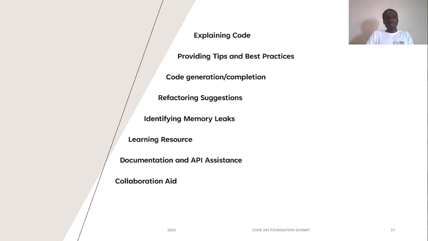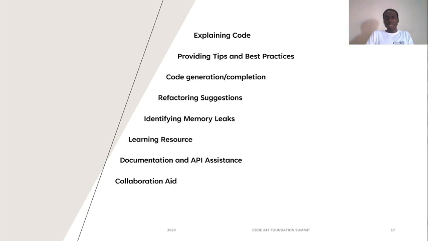It could help you identify memory leaks within your code. It could also help you learn to program, learn to code. ChatGPT is a learning resource, and it can be a tutor, a guide, a mentor. It could walk you through writing programs. I mean, it's amazing how much it can do. And then it could help you document your code, and of course, explain APIs to you.